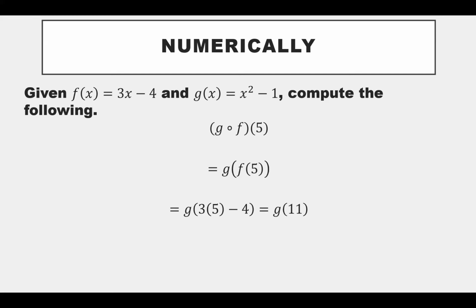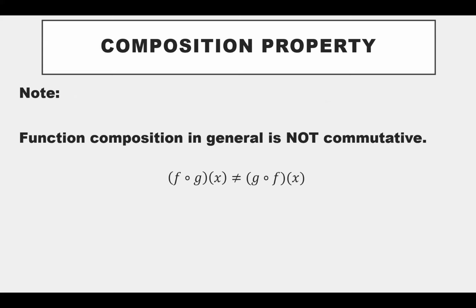G of 11, 11 squared minus 1 is 120. Notice a big thing here is that the composition of functions is not commutative. If you do f of g of x, in general it is not equal to g of f of x.